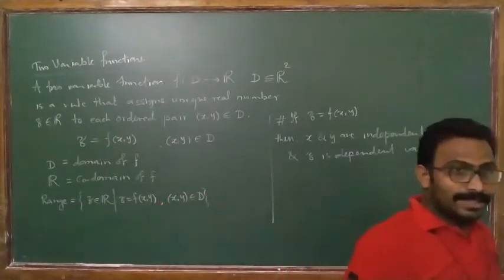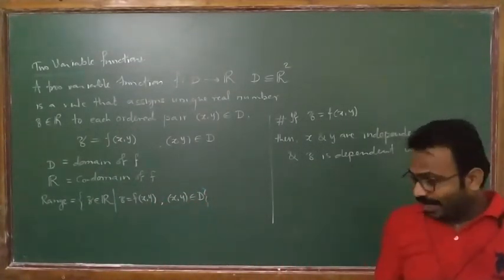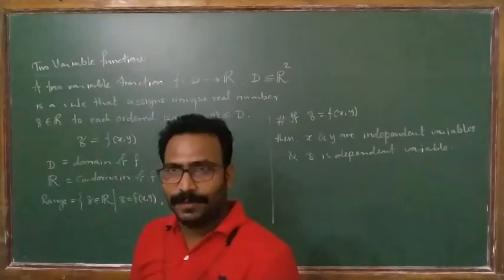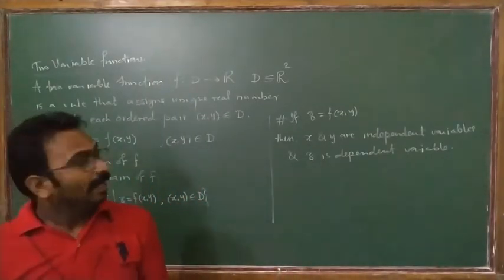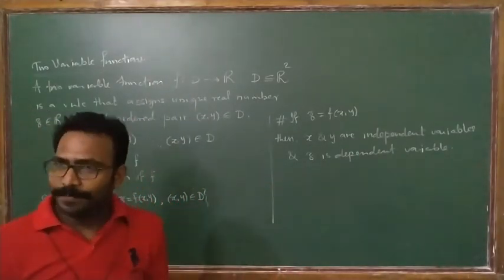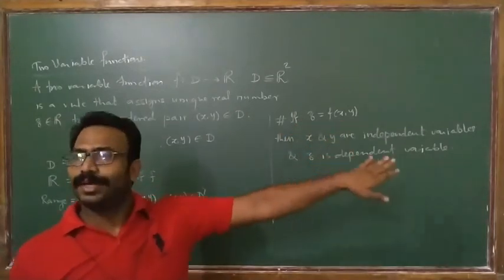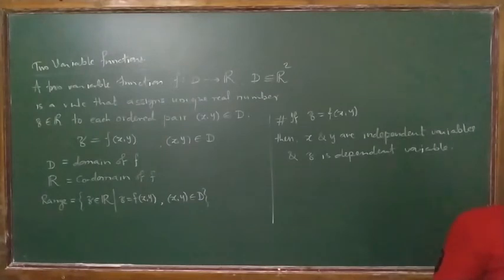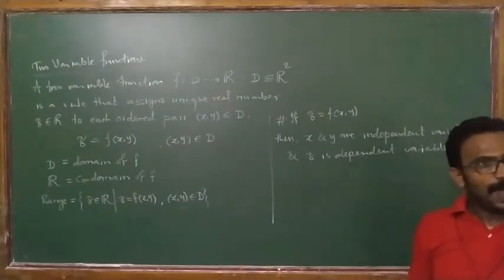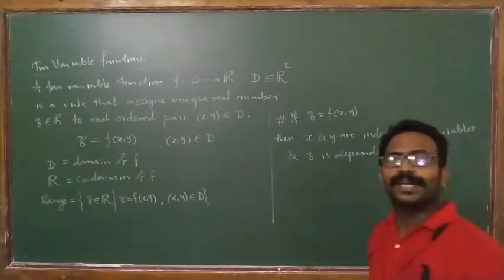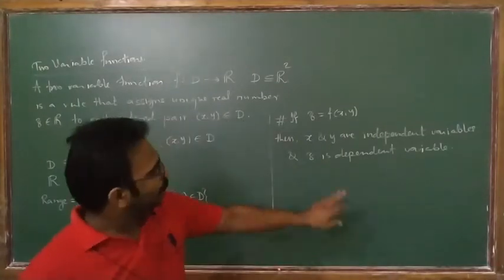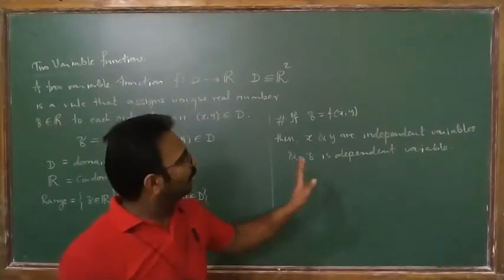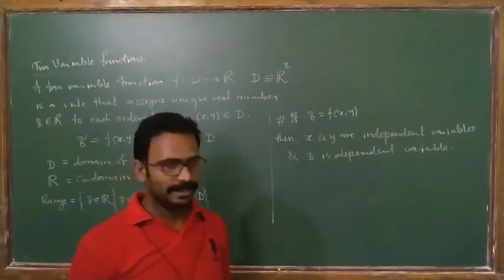That means z depends on xy. We express z in terms of x and y, so we need x and y to express z. So z depends on x and y, and x, y are independent input variables. But our output z depends on x and y. So z is the dependent variable and x, y are independent variables.